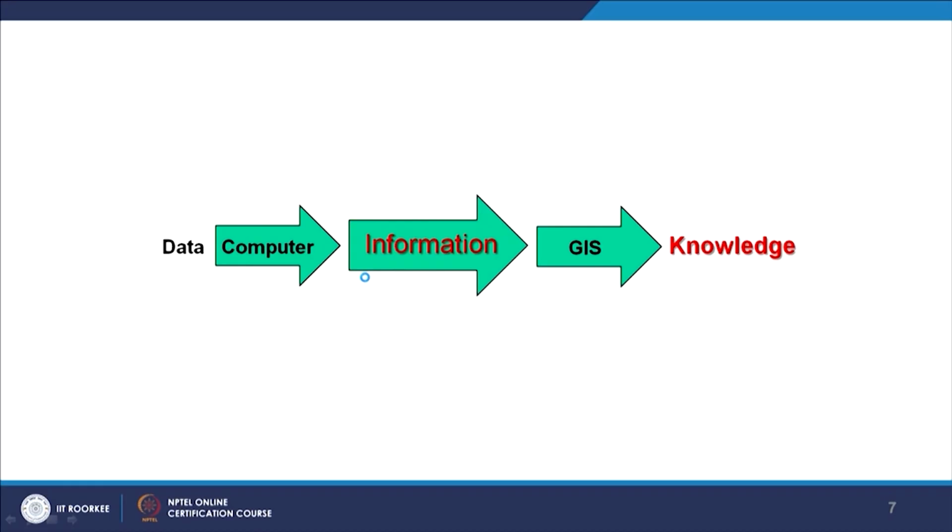If I give the example of the JEE examination, which is conducted every year, whoever applies to appear in the main examination, their candidate details are stored in a computer system. To some extent that is analyzed, and center-wise lists are prepared. So that data after certain analysis becomes information.